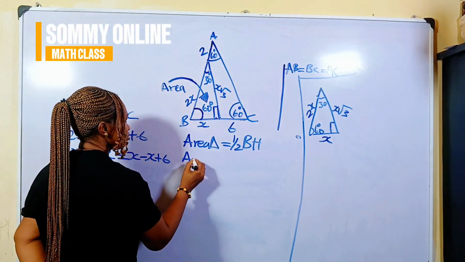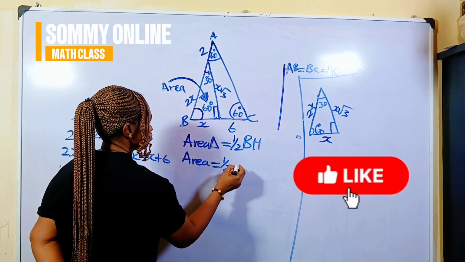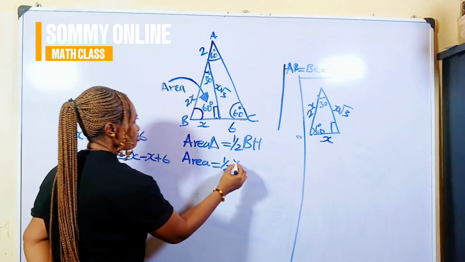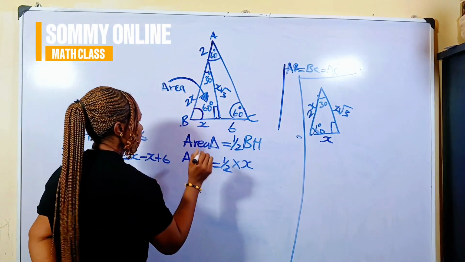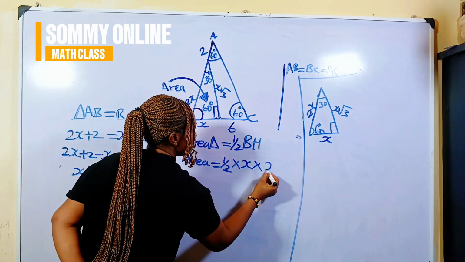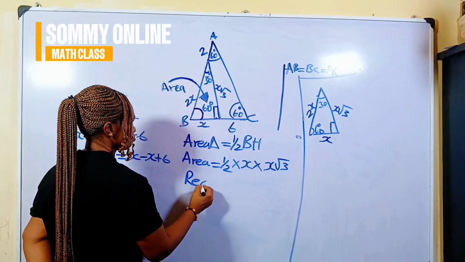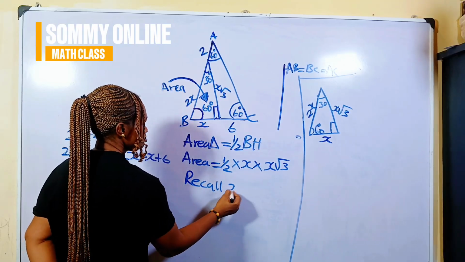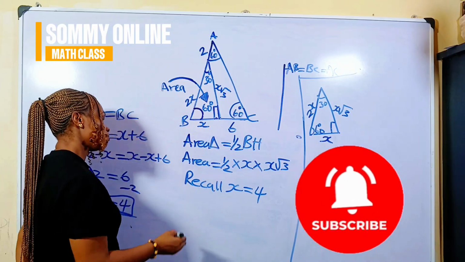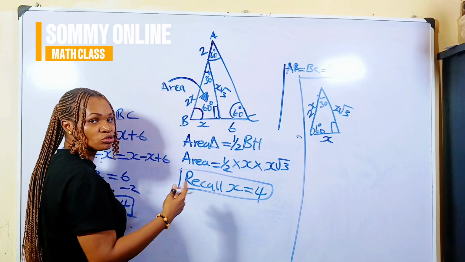The area of the triangle will now be 1/2 multiplied by the base, which is S, multiplied by the height, which is S root 3, where S equals 4.